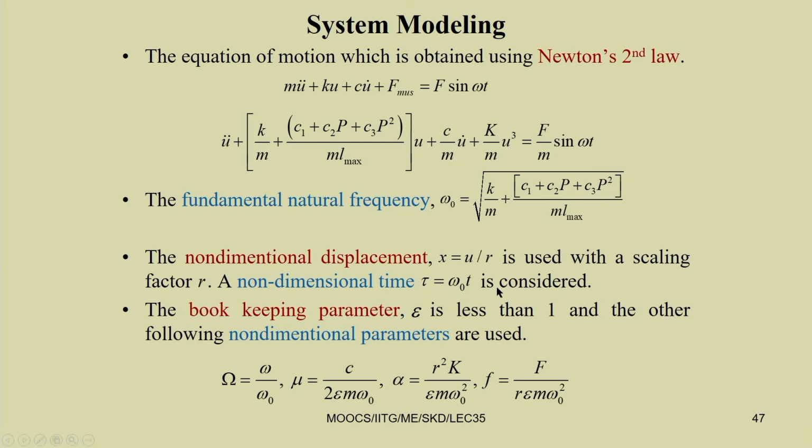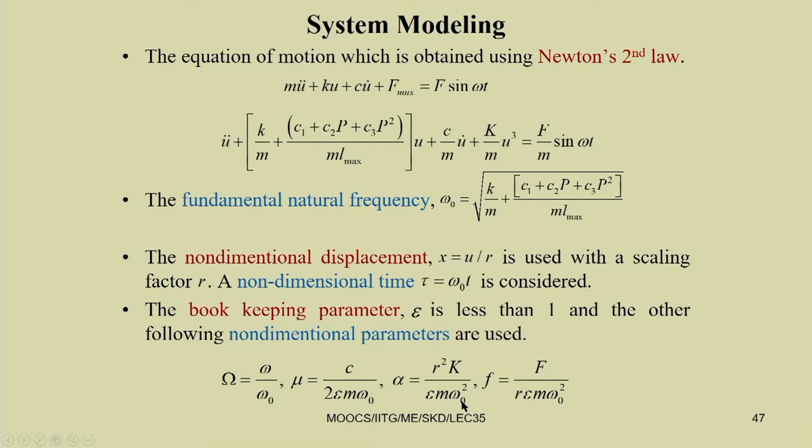Also, one can use a bookkeeping parameter epsilon, which is very much less than 1, to write the equation of motion in a better form where we can apply the perturbation method to solve it.